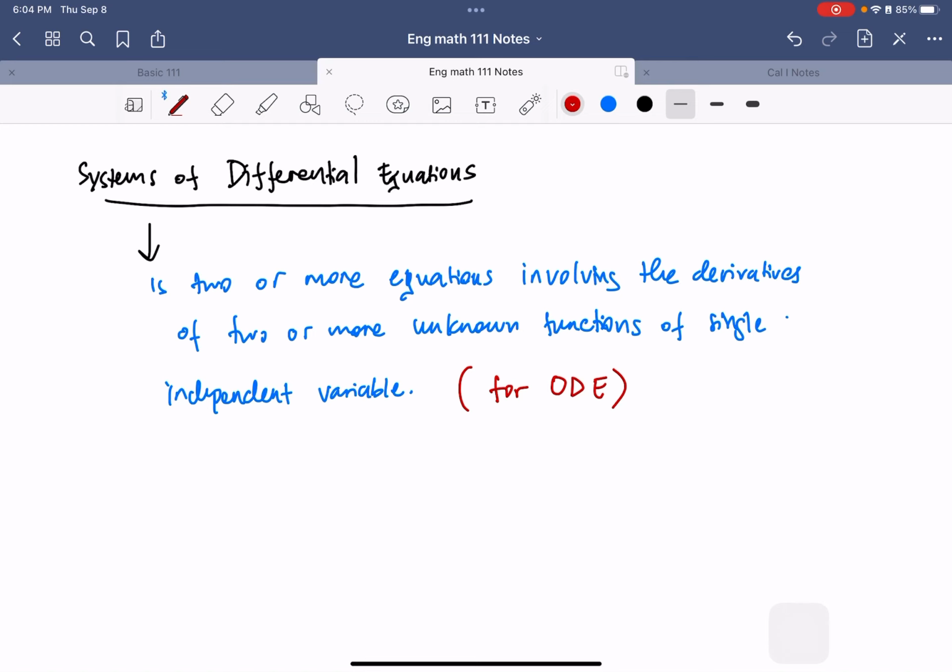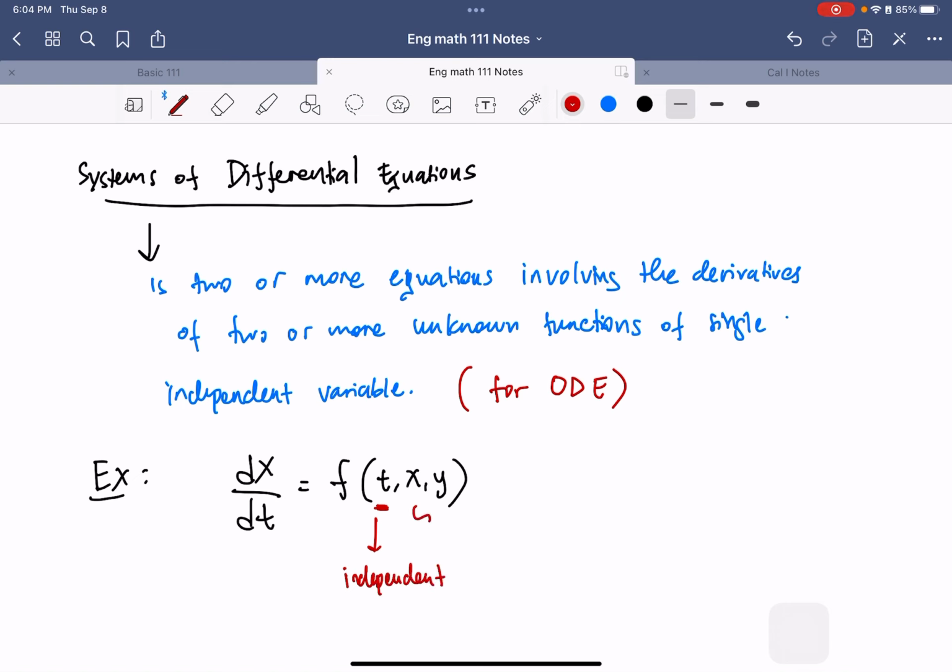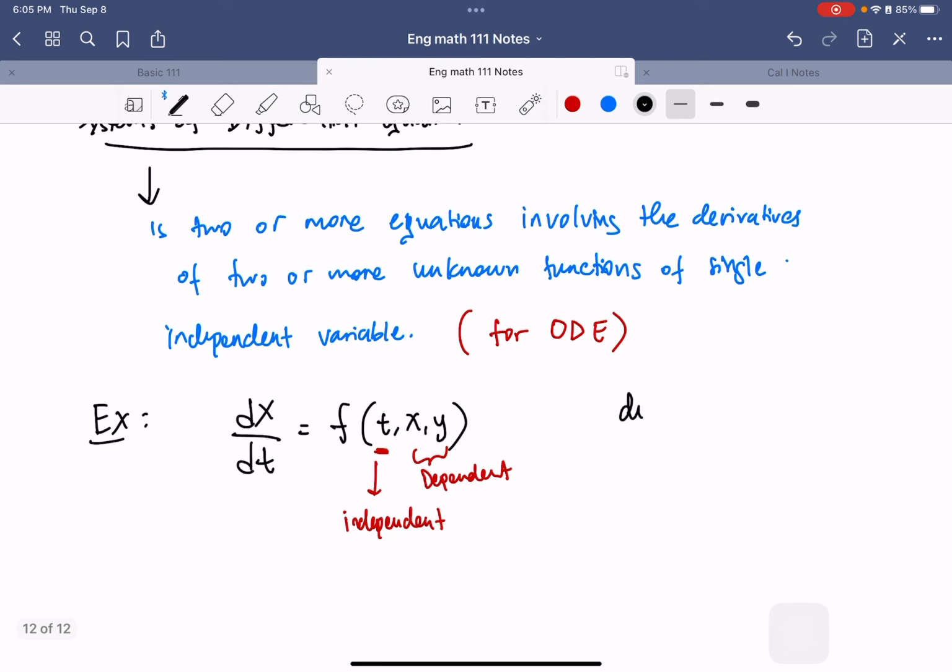So for example, if I write dx over dt is f of t, x, y, which means that t is our independent variable, and these two are our dependent variables. And maybe we have another one, dy over dt is g of t, x, y.